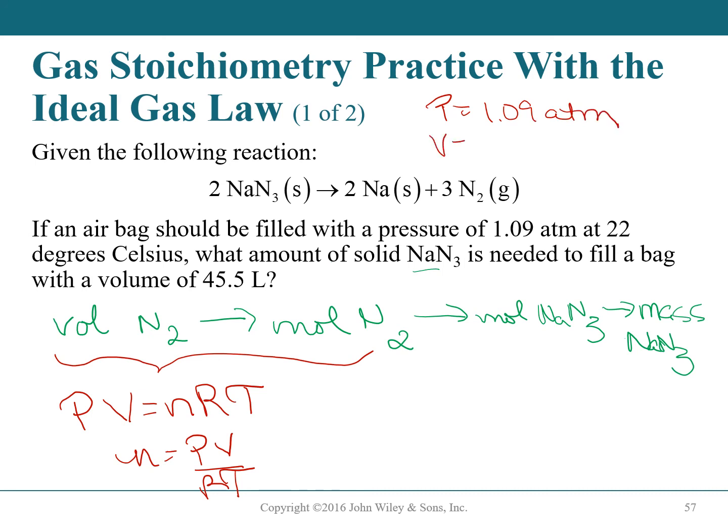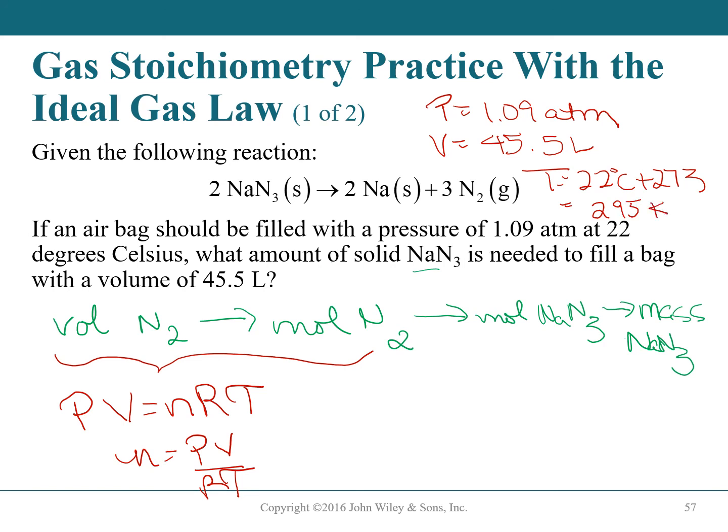V is equal to 45.5 liters. Okay, T is 22 degrees Celsius. So we add 273 to this, and we get 295 Kelvin, and we know R.